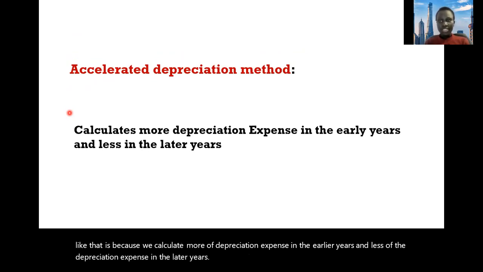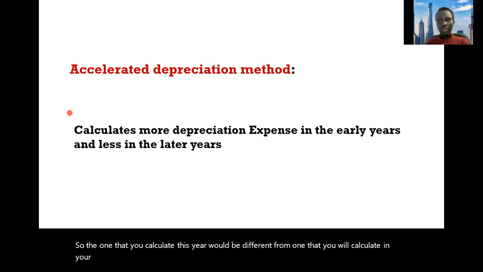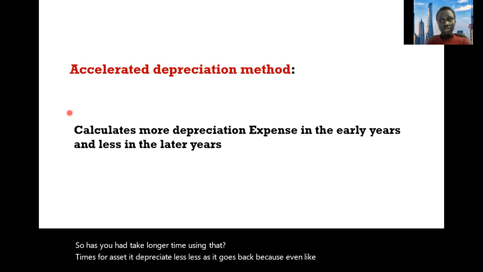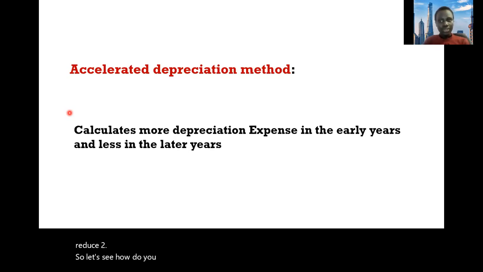So the one that you calculate this year will be different from the one that you calculate in your 3rd or 5th year of having that property, automobile, or even a computer. The longer you use that tangible asset, the less it depreciates, because its value continues to reduce too. So let's see how you calculate it using an example.